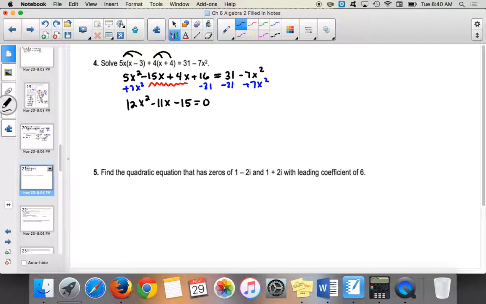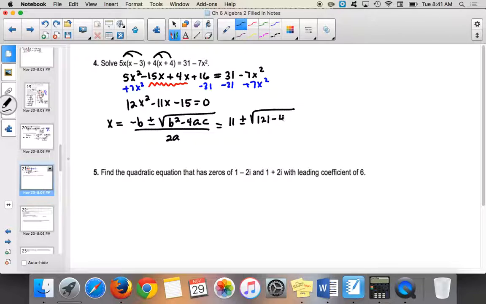You could try to factor if you want to, but we'll do the quadratic formula since this is what the section's on. So I'm going to have x equals negative b plus or minus the square root of b squared minus 4ac all over 2a. So I get negative negative 11, so 11, plus or minus the square root of 11 squared, 121, minus 4ac all over 2 times a.